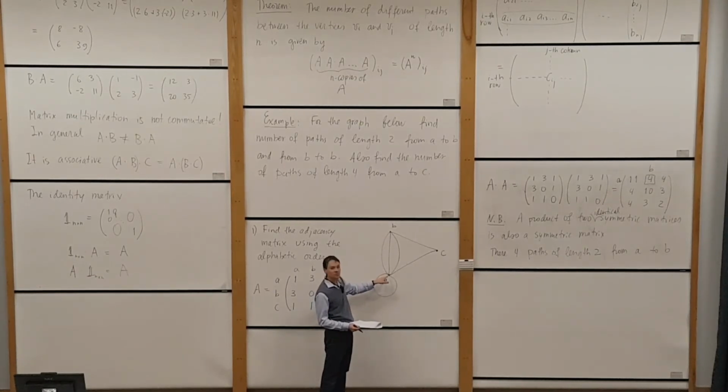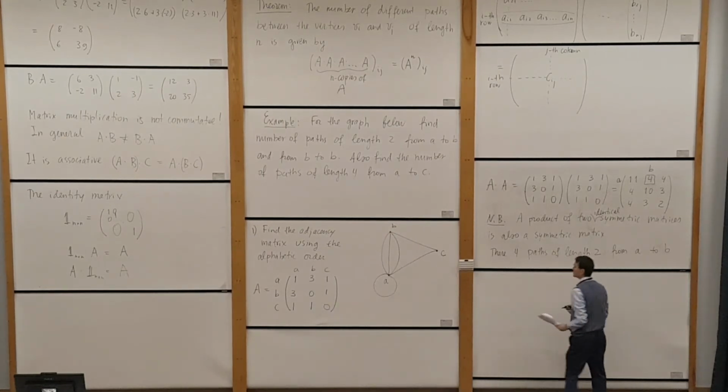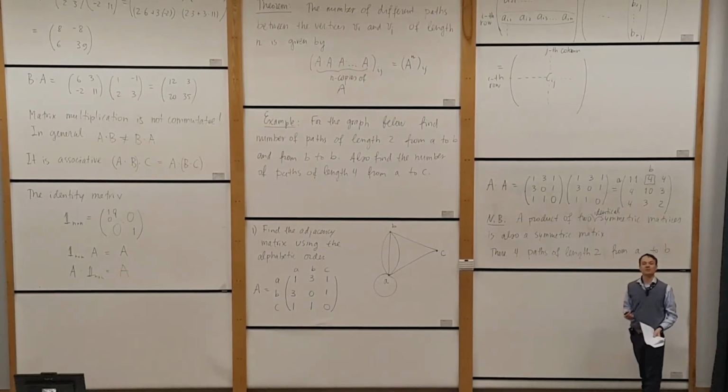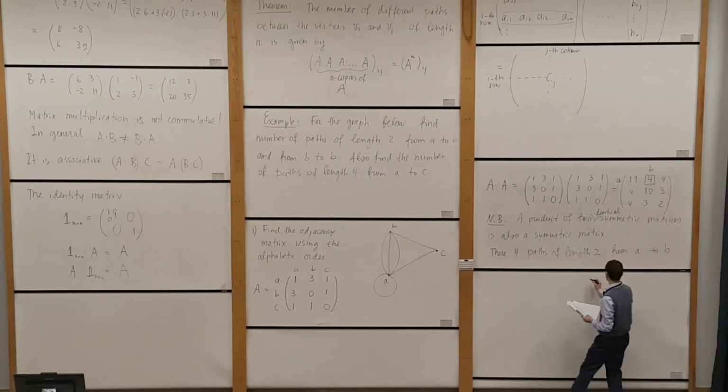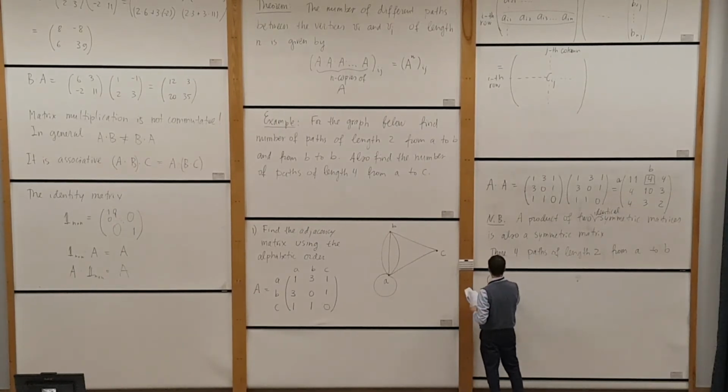So you can use first the loop and go from A to A. That is one edge. And then you can pick one of the three edges between A and B to arrive to B. So that gives you three different paths. They're different because they pass through different edges. So indeed, check.